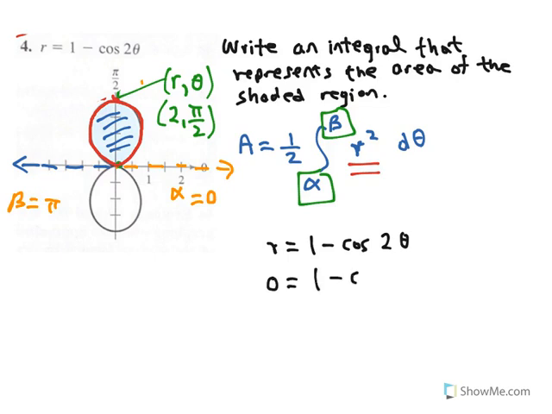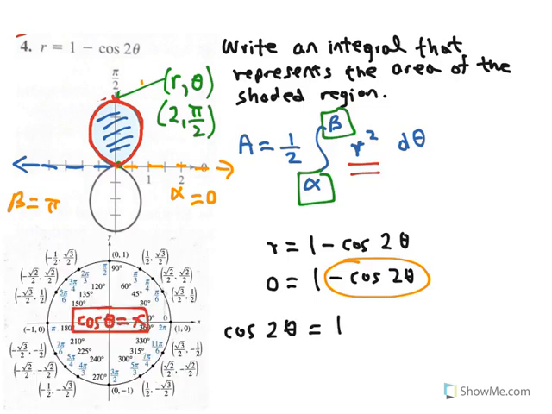So you can also set r equal to 0 and solve for theta. When you add cosine of 2 theta to both sides of the equation, you will get cosine of 2 theta is equal to 1. And using the unit circle, we need to find the angles that would make cosine equal to 1. Cosine of an angle is the x-coordinate of the corresponding point on the circle, and that happens when the angle is 0 or an angle that's coterminal with 0.